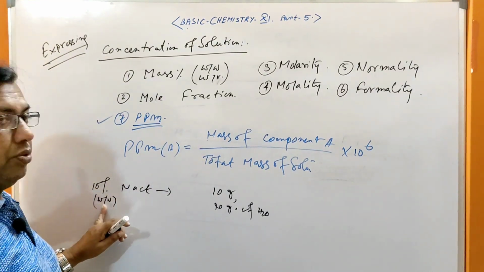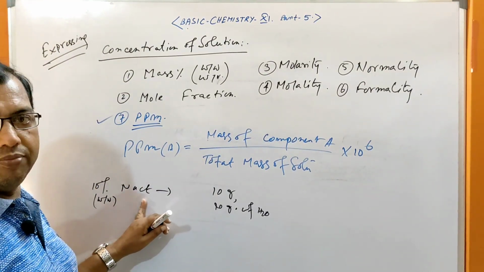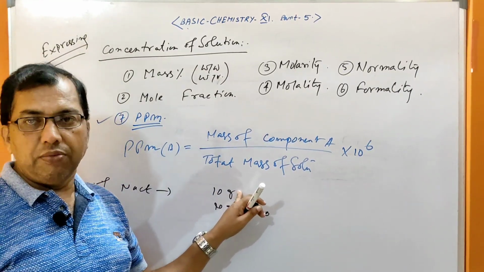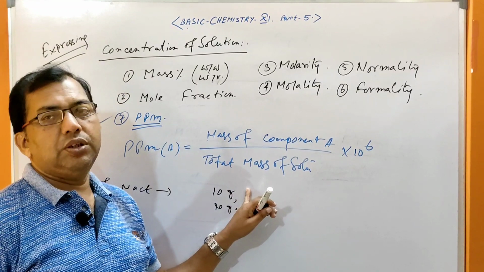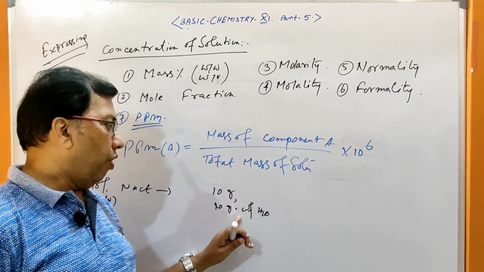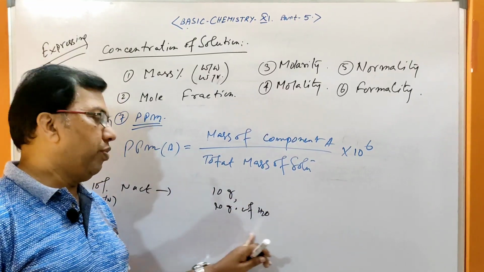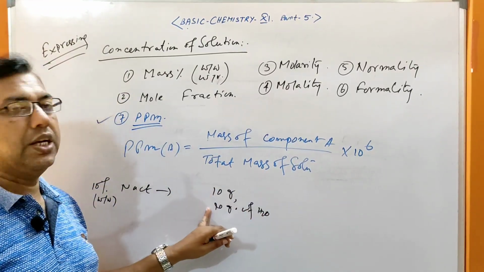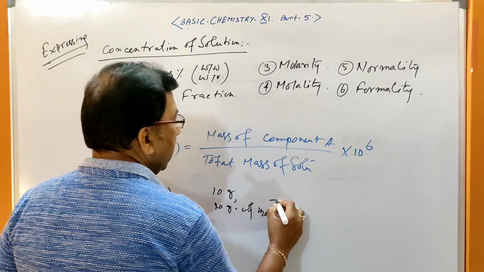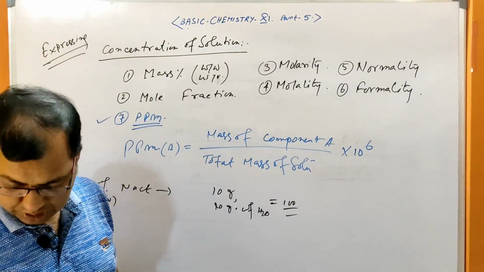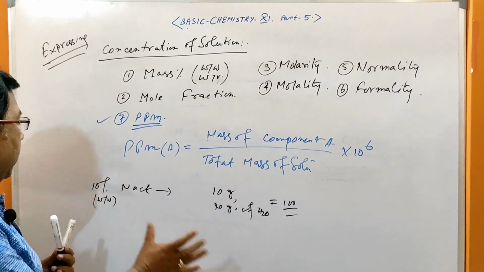So 10% W by W solution of NaCl means 10 gram of NaCl is dissolved in 90 gram of solvent, that is water, and the total mass of the solution is 10 plus 90, 100. Clear? A question can come.